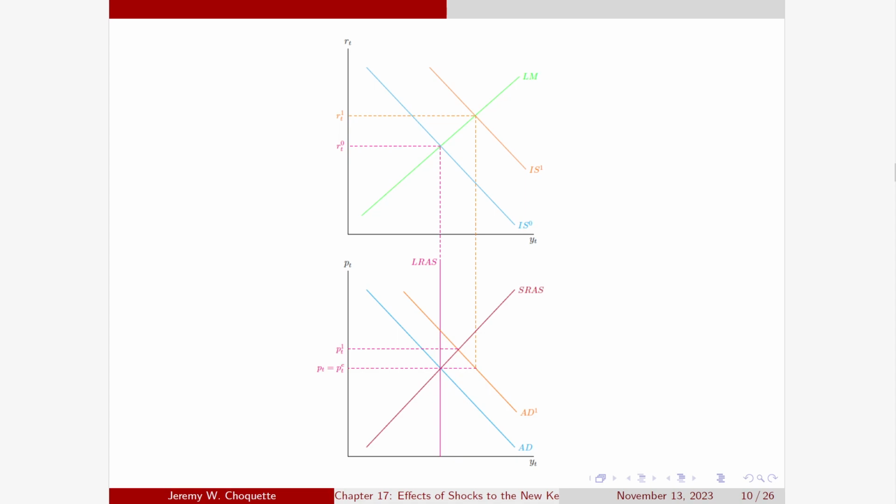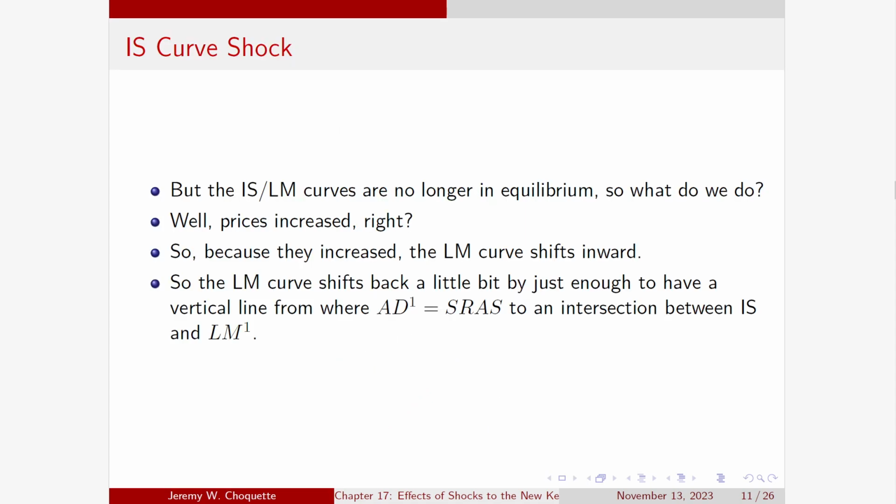Well, the IS curve isn't a function of prices, but if you recall, the LM curve is a function of prices. How does LM move in response to changes in price? Well, if the price increases, then the LM curve is going to shift inwards. All right, remember, prices decrease, LM shifts out. Prices increase, LM shifts in.